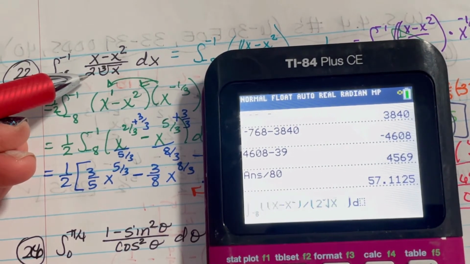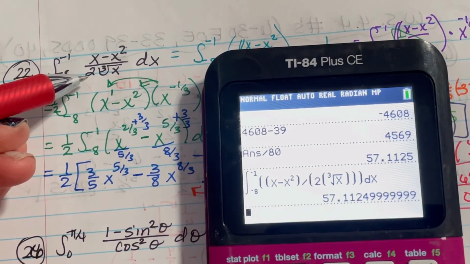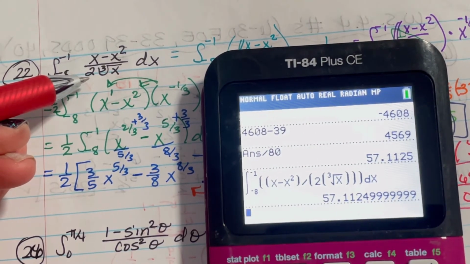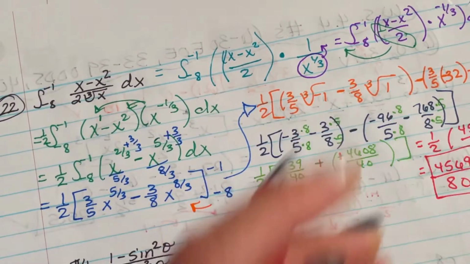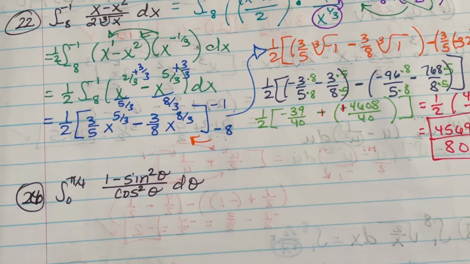Scroll to the right, close that parentheses, dx. And there it is. Check.